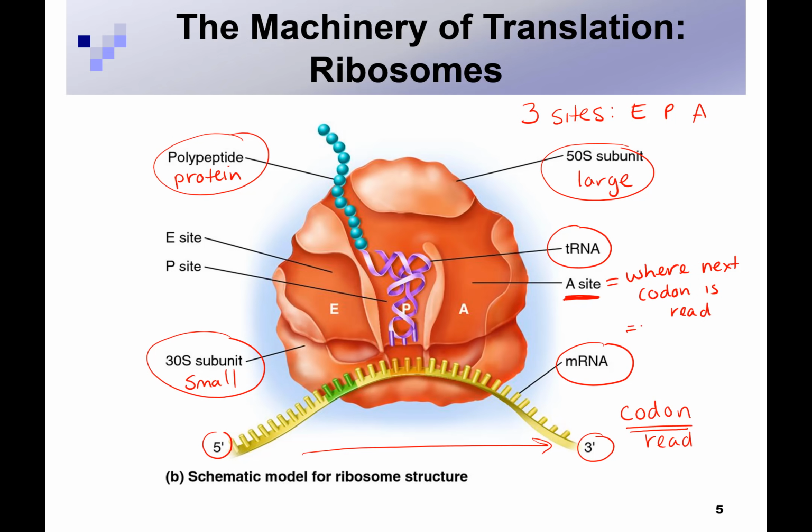You can think of it as where the next amino acid comes in. The P site, as you can see, is where the peptide is being formed. And we're going to talk about, there's a transfer, you can't see that with my red. There's a transfer back and forth between the P and the A site for this peptide. Okay, and we'll talk about that in a minute.